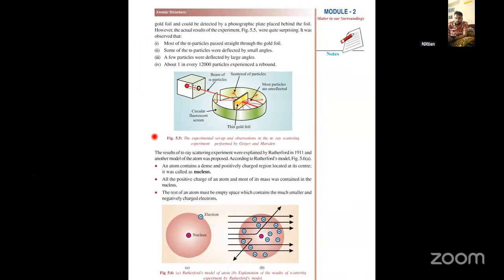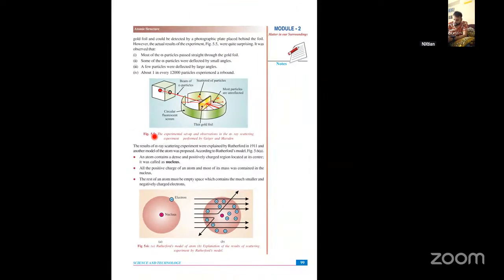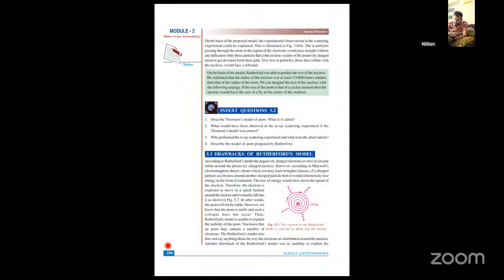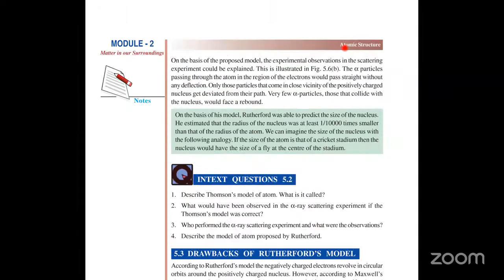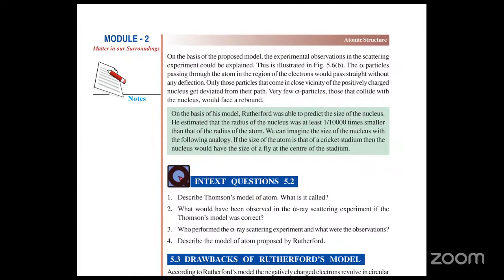Now, next part. Yes, please read this. On the basis of the proposed model, the experimental observation in the scattering experiment could be explained. This is illustrated in figure 5.6. The alpha particles passing through the atom in the region of the electrons would pass straight without any deflection.